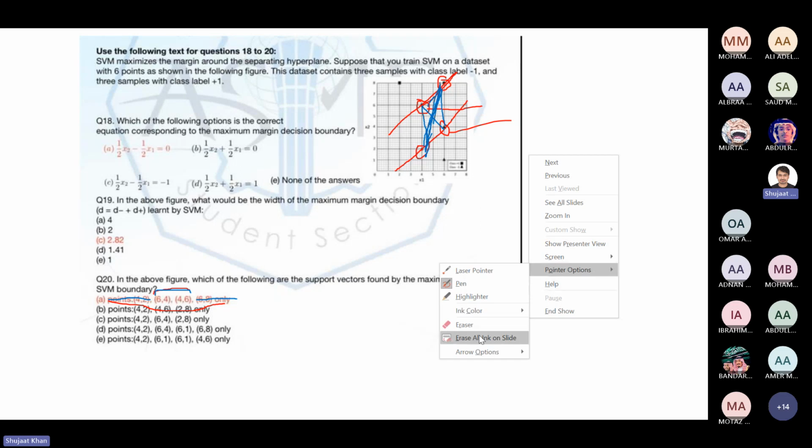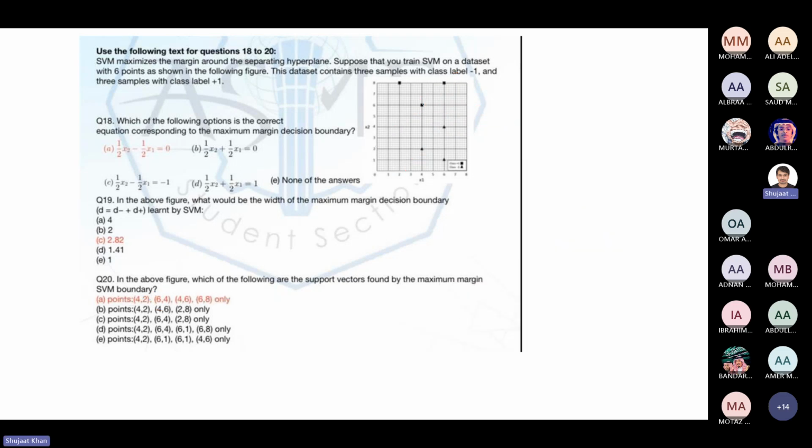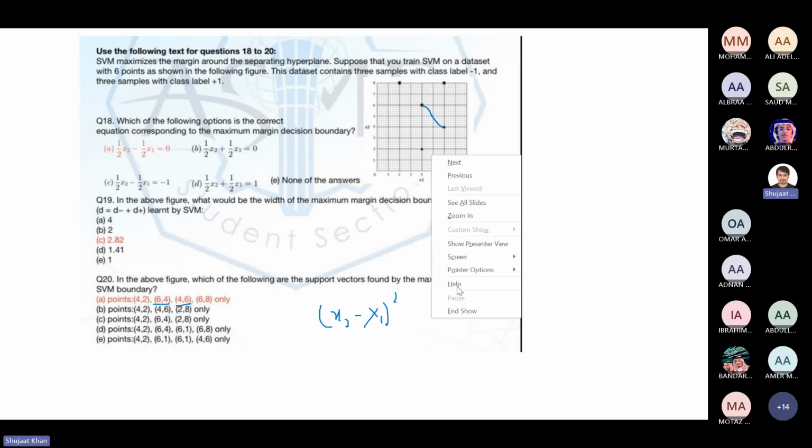Just for the sake of understanding, let's find the distance between these 2 points. We have (4, 6) and (6, 4). Remember the formula for calculating the distance between 2 points: x2 minus x1, whole square. It's just the Euclidean distance formula.